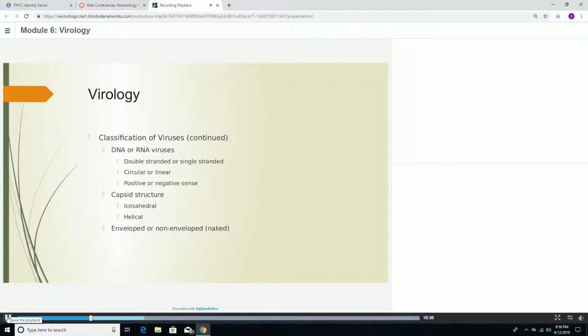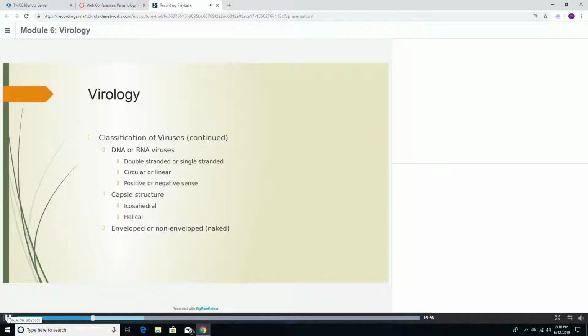So I'm just going to give a quick brief overview here because in this lecture we're going to cover different families, genuses, and so on and so forth. But it's very important for you as laboratorians to be able to connect the family with the genus, with the stranding of DNA, and whether it's enveloped or not enveloped. So the family for the herpes virus would be Herpesviridae.